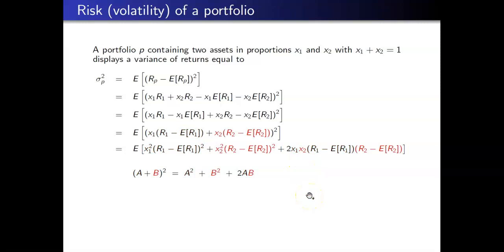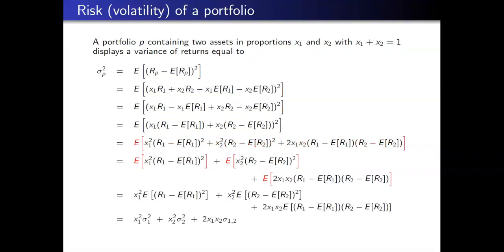Okay, all good. We have the expectation of a whole bunch of terms which are added together. The expectation operator is a linear function, so we can take the expectations of all the items separately.